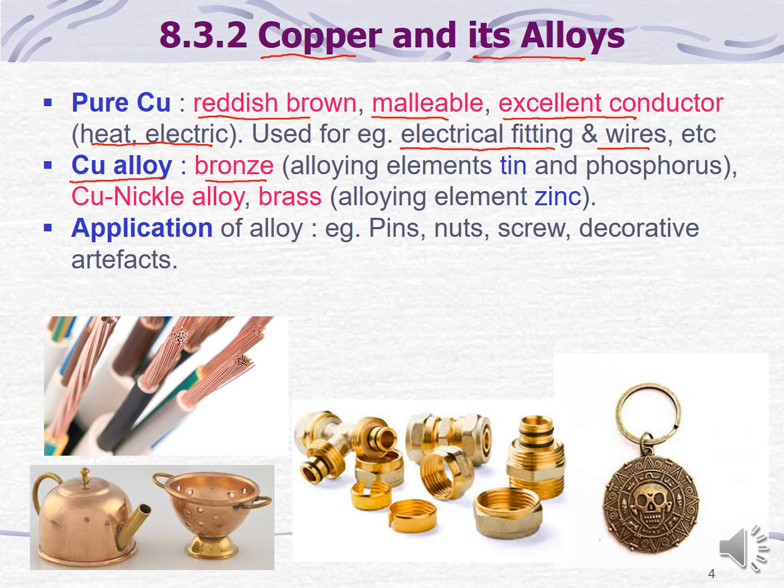Bronze is a copper alloy having the alloying elements of tin and phosphorus, while brass is a copper alloy having zinc as the alloying element. Another type is copper nickel alloy, which is suitable for making pins, nuts, screws, and decorative artifacts.